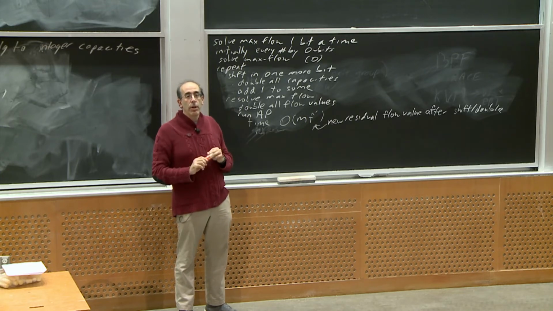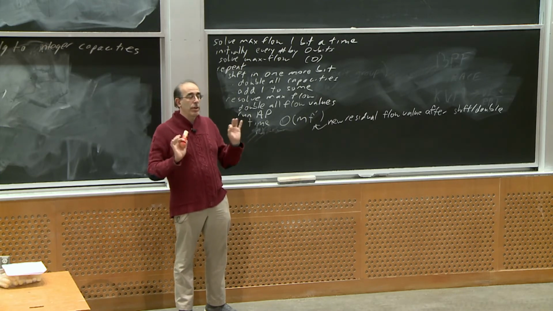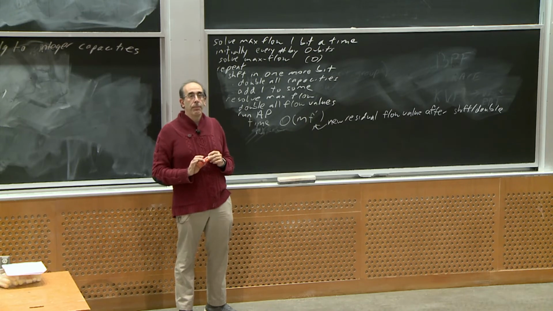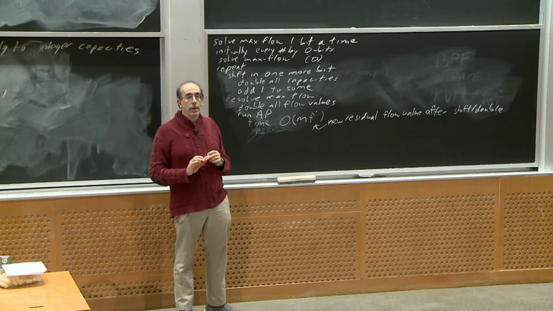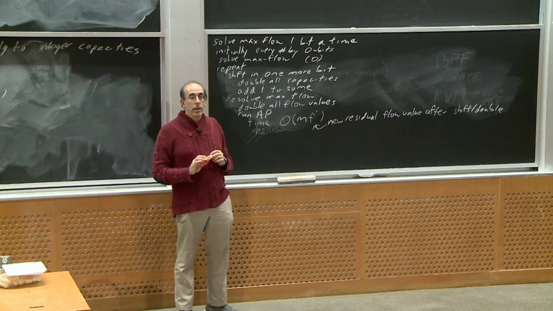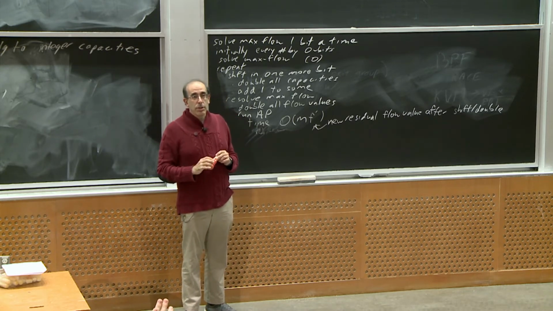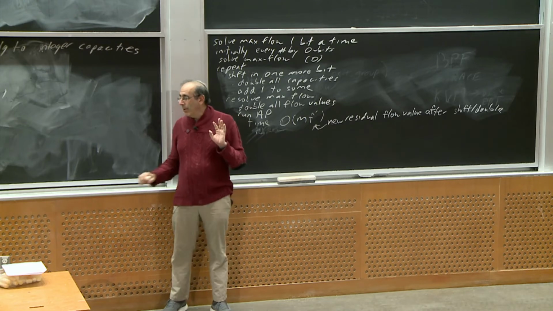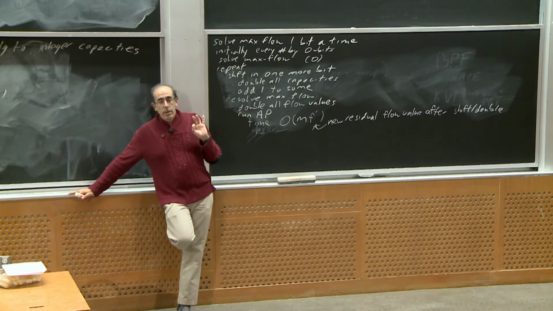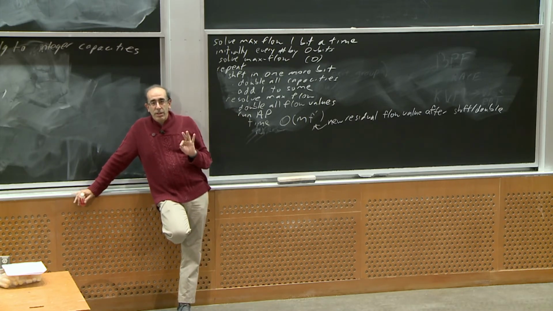Would the residual flow after this be at most m? For each edge, the residual flow increased by at most 1. OK, so that's almost there. It's true that the residual flow increased by at most 1, but we have to be a little worried because a max flow does not mean that every edge is saturated, right?